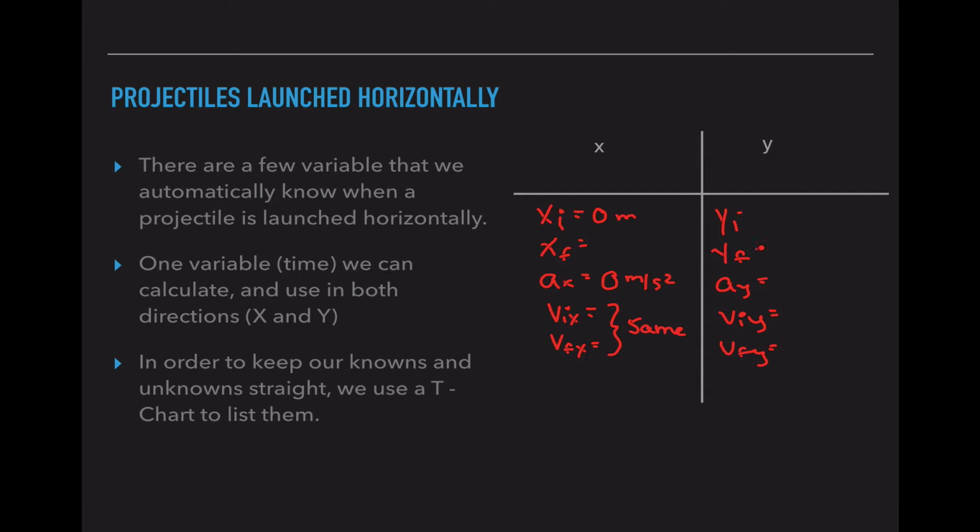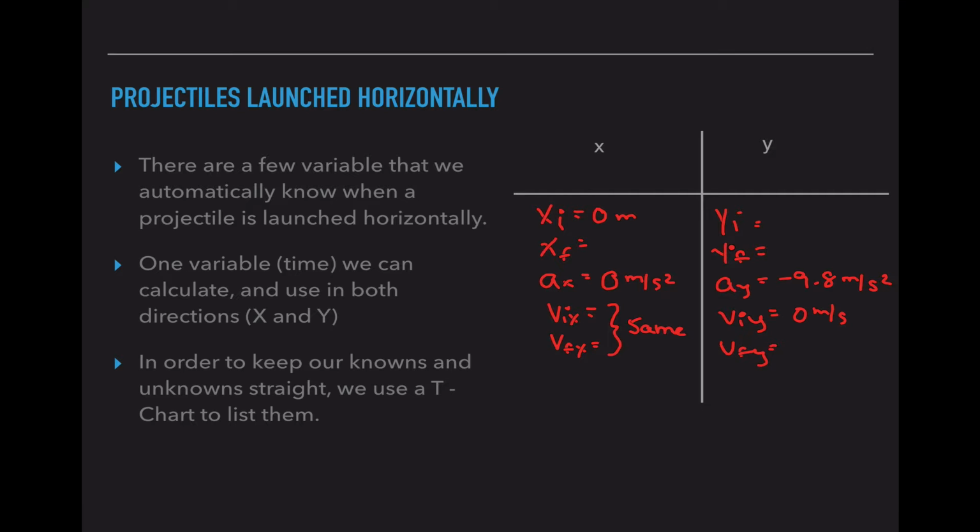So some of these we can automatically fill in before we even read the problem. ay, the acceleration in the y direction, is always negative 9.8 meters per second squared. viy, since in the y direction we're not physically throwing it downward, we are allowing it to just fall, is going to be 0 meters per second. vfy, we're always going to be able to calculate, but these two, yi and yf, are always tricky because it depends upon your point of view.